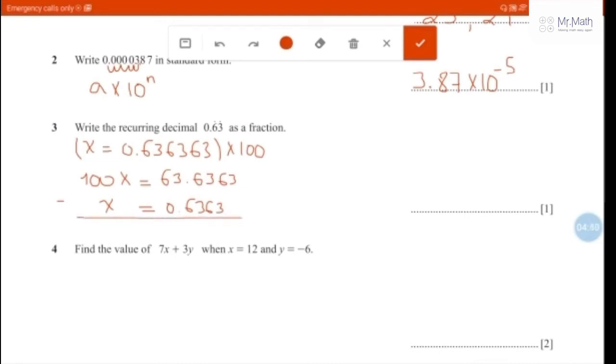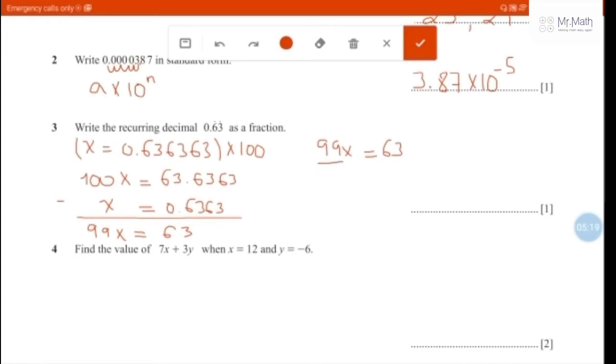So 100x minus x is equal to 99x, and 63.6363 minus 0.6363, the 0.6363 will cancel out, so I will be left with 63. So 99x is equal to 63.